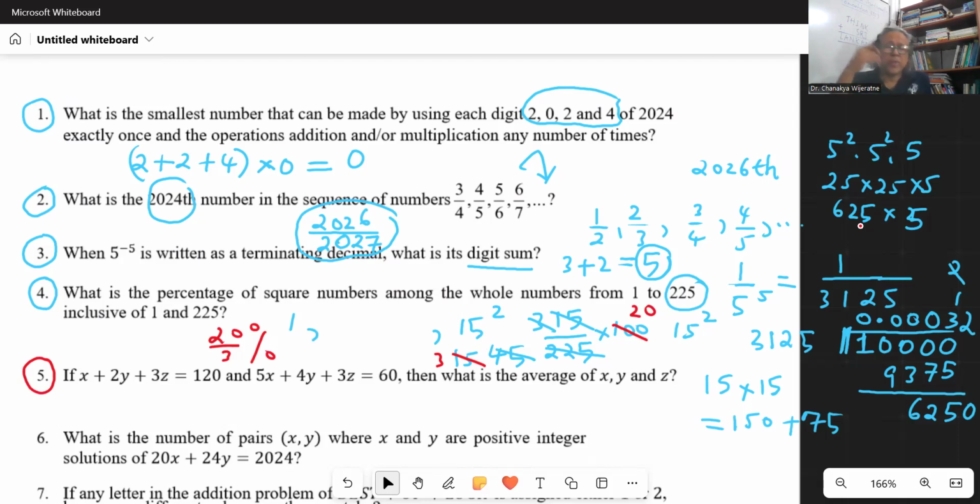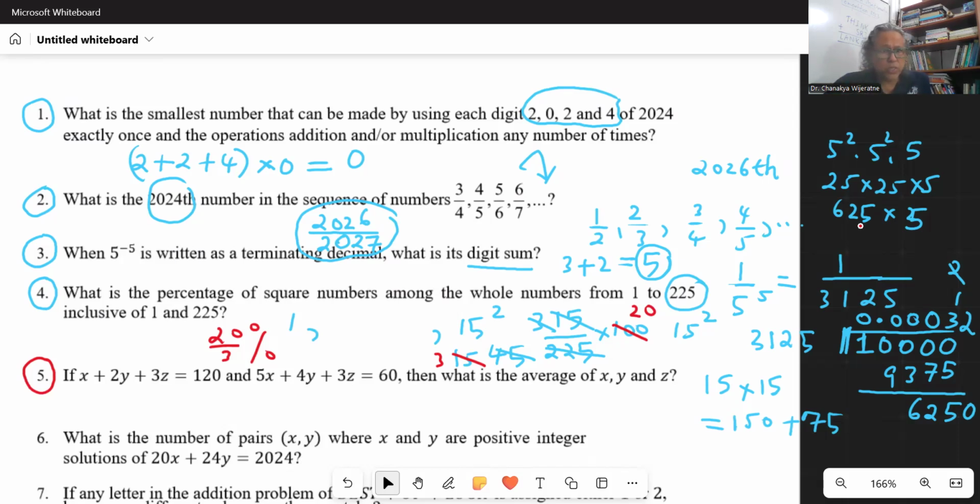You might think that you need to find x, y, and z, and then add them up and divide by 3. But we are smarter than that. We know that there are only 2 equations. We can't find x, y, and z exactly, because we need another equation.